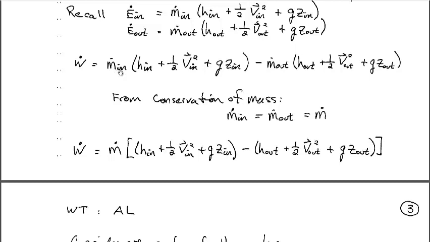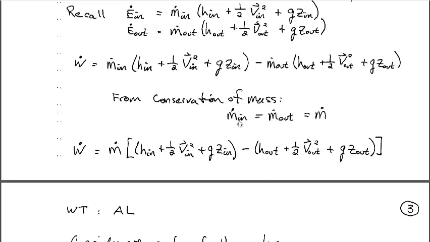Okay, so now let's take a look at this. We have an M dot in and an M dot out, and we can rationalize that these two are exactly the same because there's one mass flow in and there's one mass flow out. From conservation of mass, we see that our M dot in is equal to our M dot out.